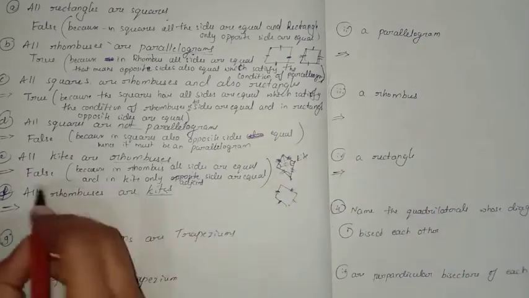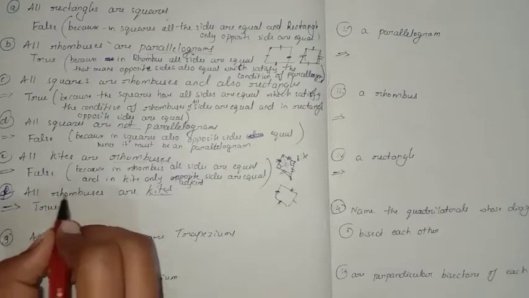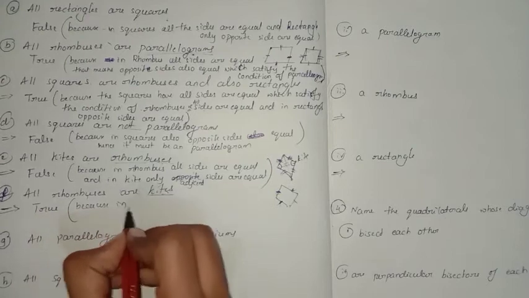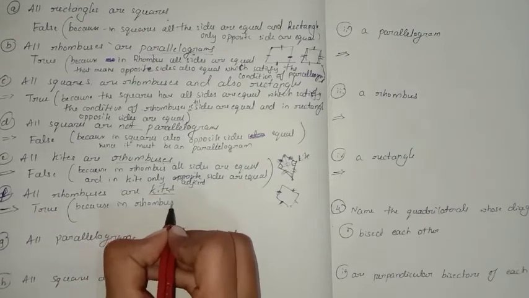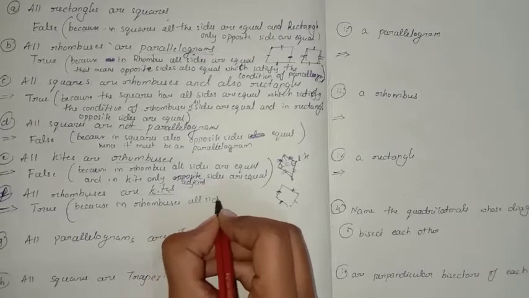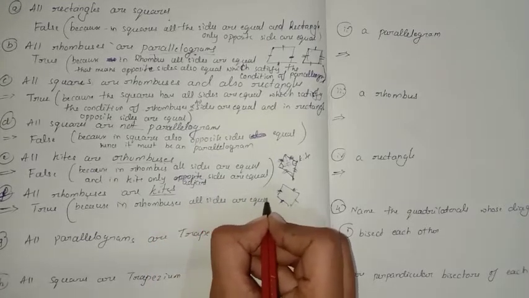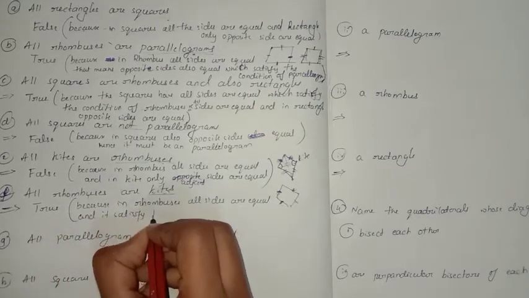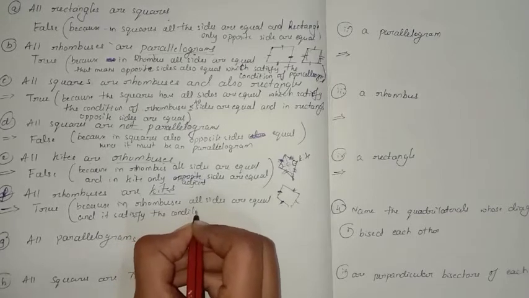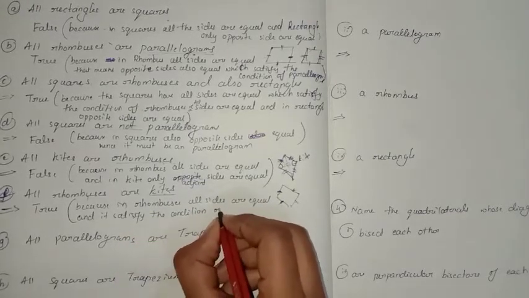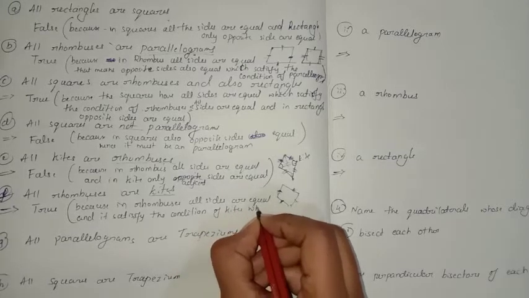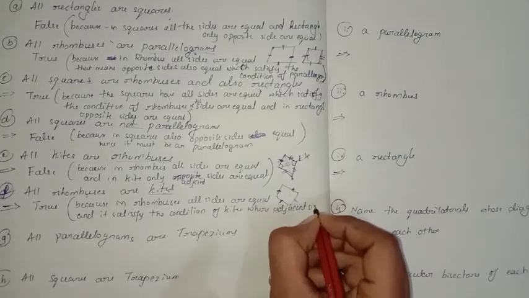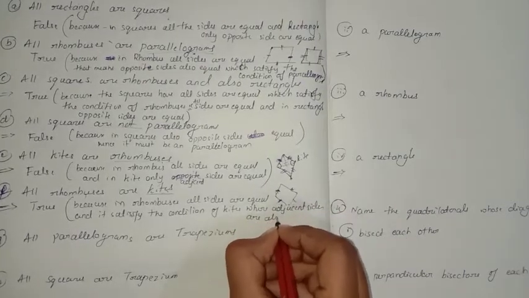Adjacent sides are equal. That means our statement is true, because in a rhombus all the sides are equal, and it satisfies the condition, or you can say property, of the kite, where adjacent sides are also equal.